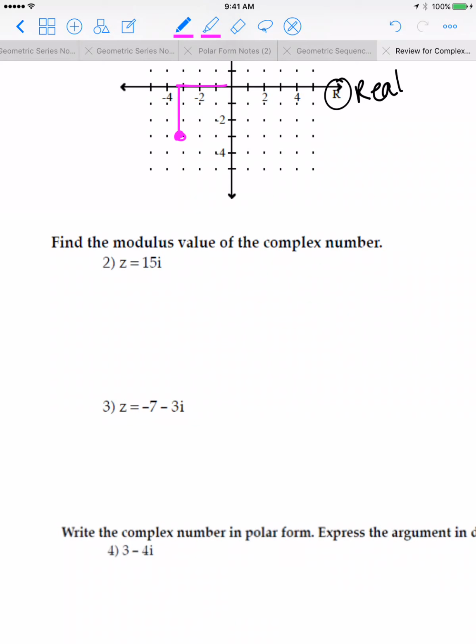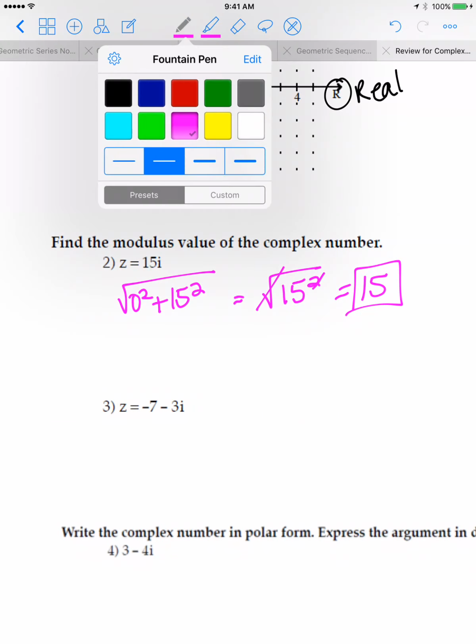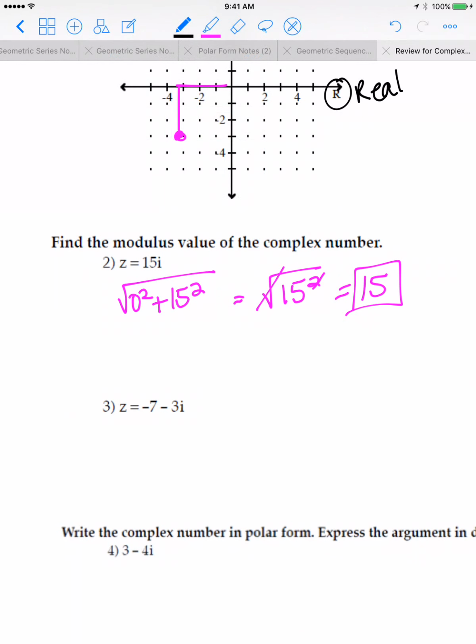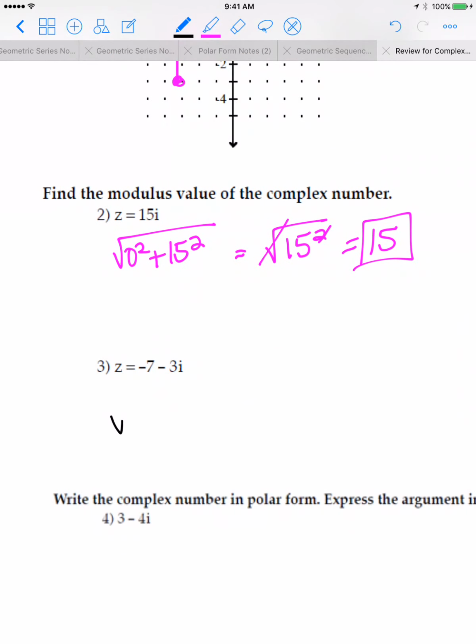Okay, next, find the modulus value of the complex numbers. So we just do the square root of our real, which there we don't have a real, so that's 0 squared, plus 15 squared, which is going to give us square root of 15 squared, so then that's just 15. Okay, now over here, we do the same thing.